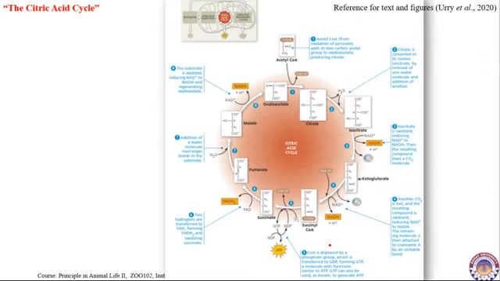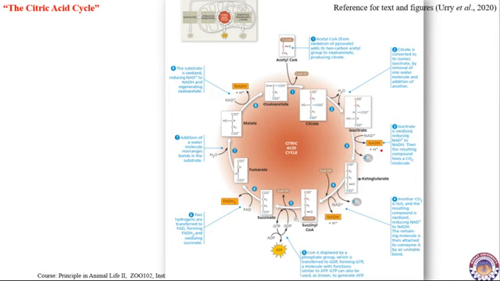Now this is yet another explanation of this process. So this is the acetyl coenzyme A, which enters this cycle and combines with oxaloacetate. It forms a 6 carbon molecule citrate, then isocitrate.